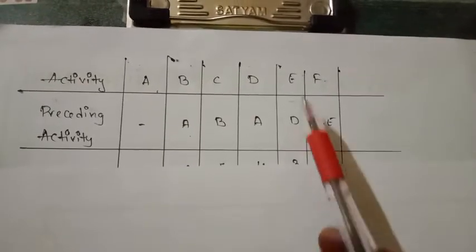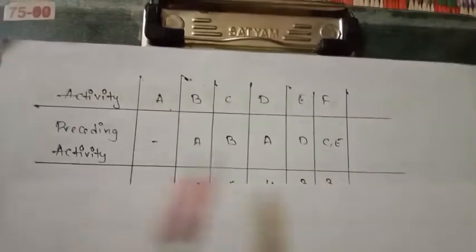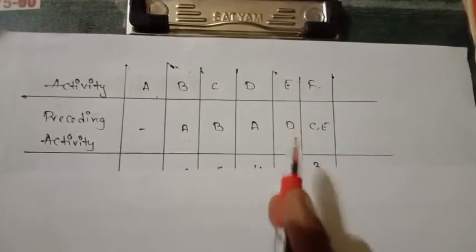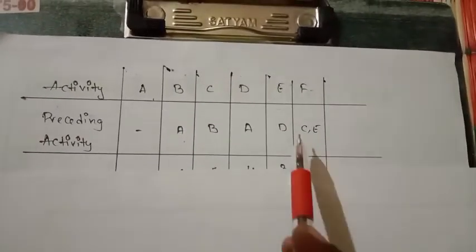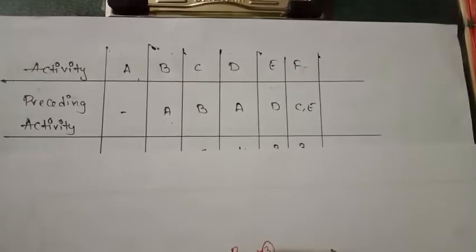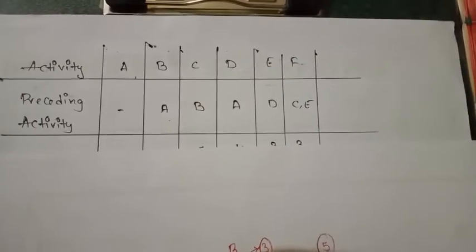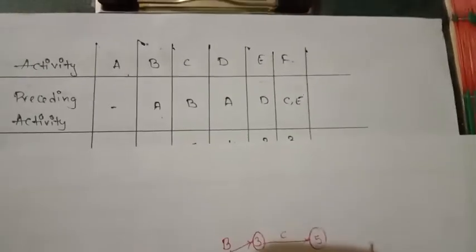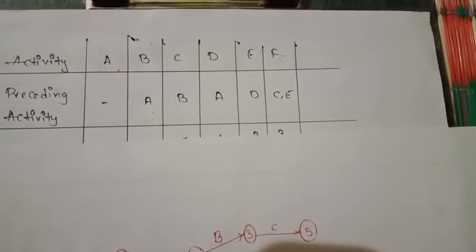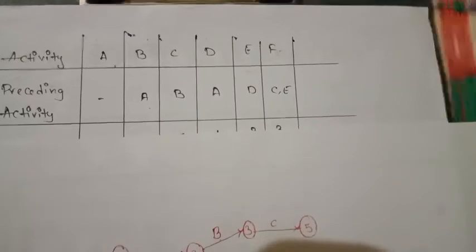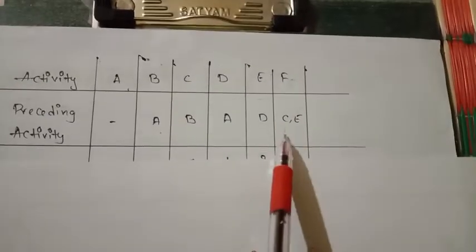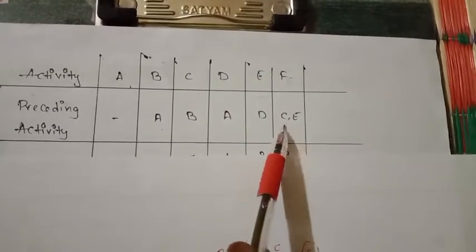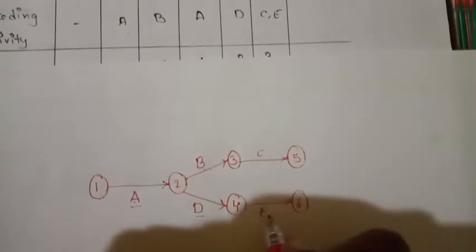D is a preceding activity for E. If you draw it like this, with 5 for C and, let us assume, 6 for E, then what they have given is that the preceding activities for F are C and E. So C and E are the preceding activities for F.